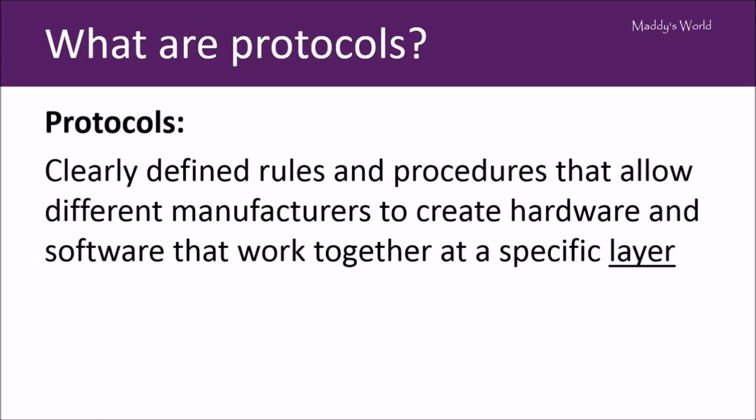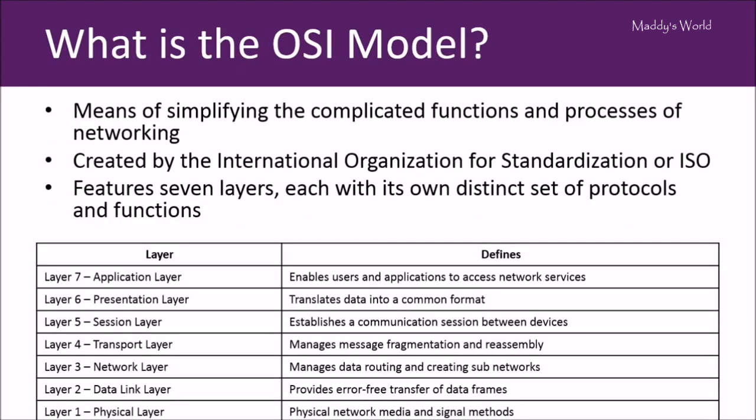So you're commonly going to hear standards referenced in the same breath as protocols, okay? Protocols and standards are a little bit different. A protocol is a clearly defined rule and procedure that allows different manufacturers to create hardware and software that work together at a specific layer, right? So what are layers? Well, layers make up the OSI model.